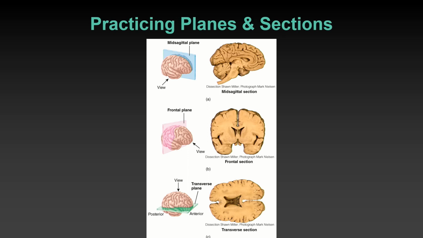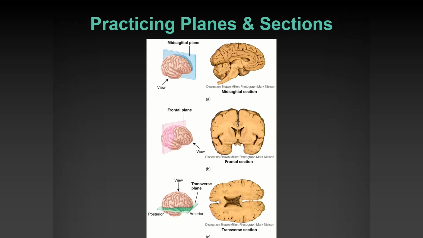So mid-sagittal plane with your view coming from the right-hand side gives you this image towards the right. A frontal plane cutting the brain into front and back halves with the view looking backwards gives you this image. And then a transverse plane with the view from top down gives you the following image on the right. It's really nice to have that view arrow so that you can orient yourself in space.